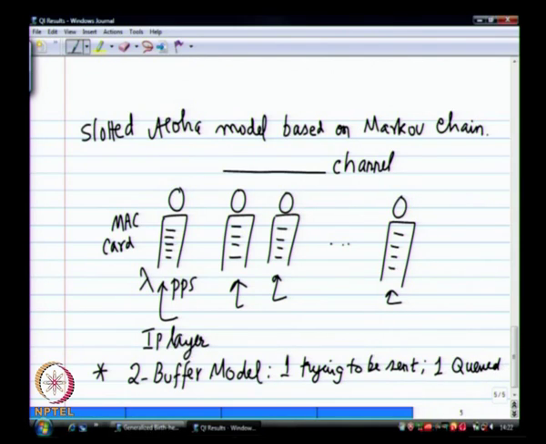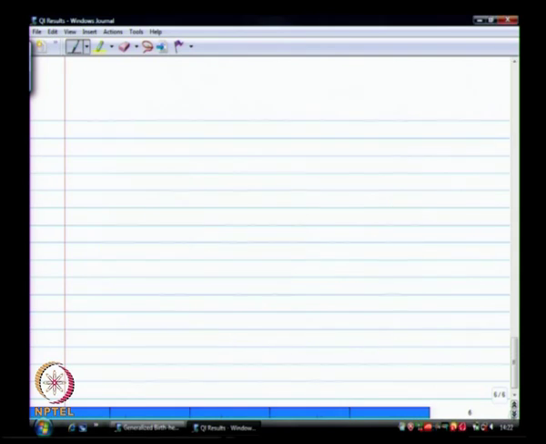So packets arrive to this queue, at most B, in this case only 2. We can generalize this to a B buffer model if you want to, and the same model can be expanded, but let us look at a 2 buffer model because it is easy to deal with. Okay. So let us define a few parameters that we will need here.